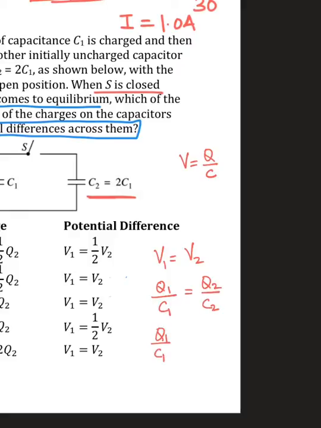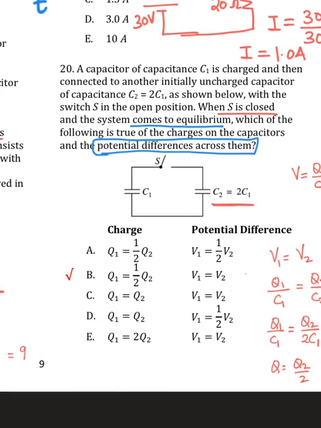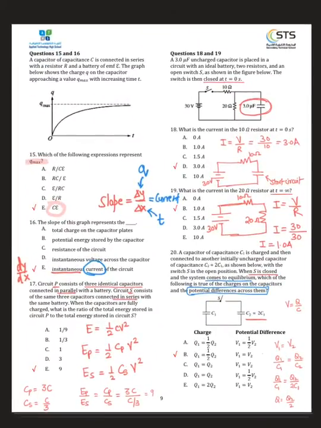Q1 over C1 we will keep as it is. C2 is twice of C1, which is given in the problem. So Q1 is equal to Q2 over 2. Okay, so that gives us option B.